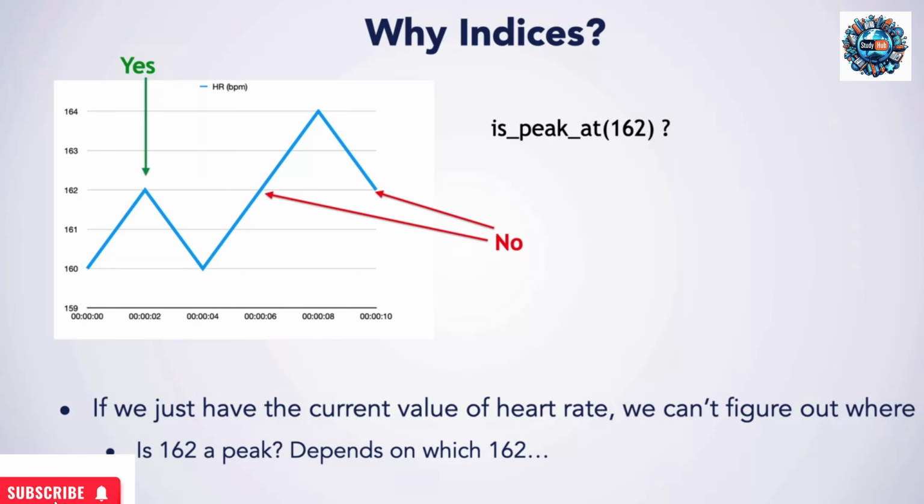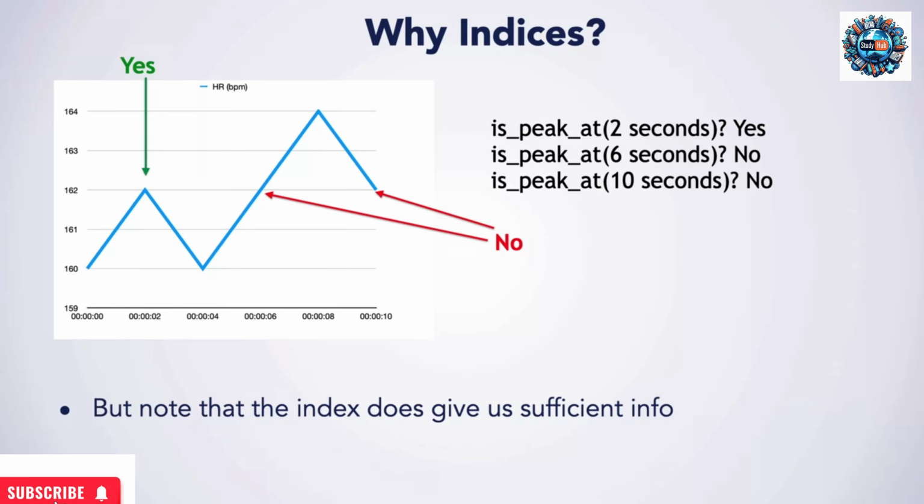On the left, we have a value of 162 where the answer is yes, but we also have other places where the heart rate of 162 was not a peak. However, if we look at this and think about the question, is there a peak at 2 seconds or is there a peak at 6 seconds, we see that this is a question we can answer. This observation tells me that we will want to pass the data and index to isPeakAt.